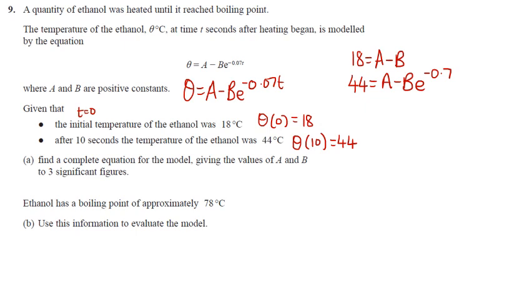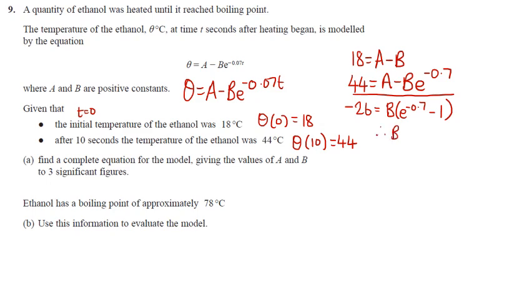So if we subtract one from the other to cancel out the a's, we'll get minus 26 is equal to, so minus b minus minus b e to the minus 0.7. I'll take out a factor of b there. So I've got e to the minus 0.7 minus 1.